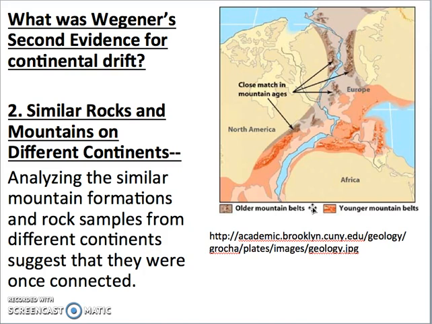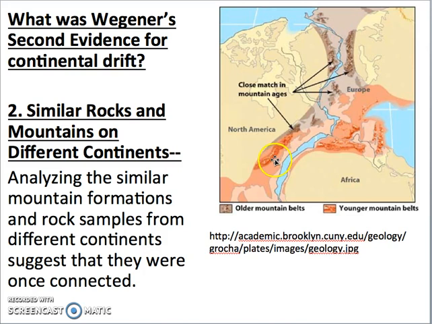The second piece of evidence that Wegener had was the fact that there were similar rocks and mountains on different continents. So from research analysis of various rock samples and mountain characteristics across different continents, and you can see in this map, Wegener found that there was evidence enough to prove that these continents were perhaps once connected.